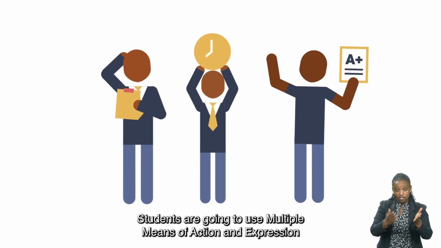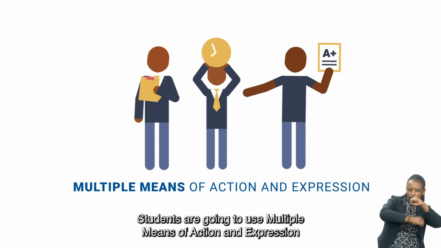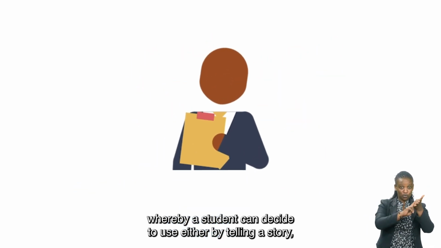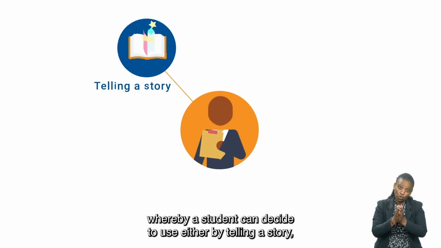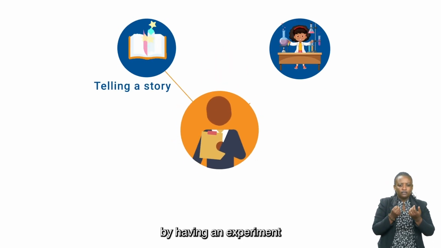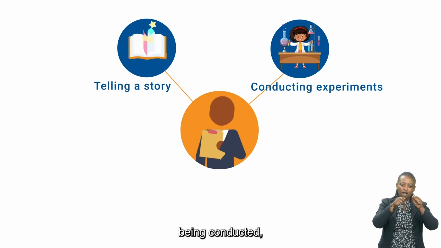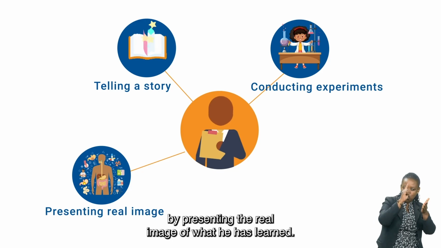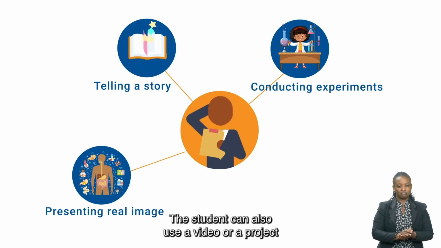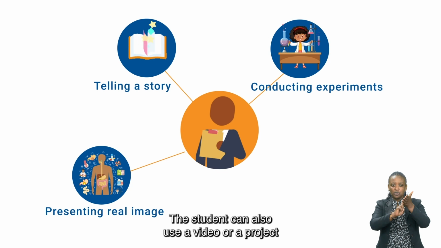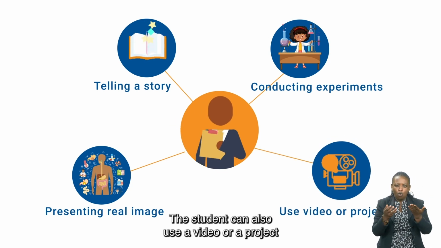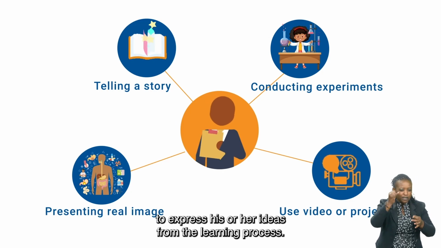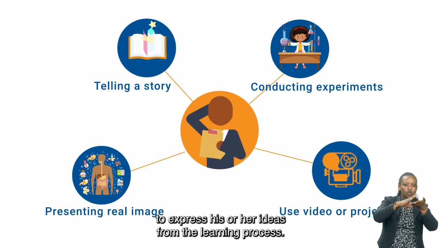Students are going to use multiple means of action and expression, whereby a student can decide to use either by telling a story, by having an experiment being conducted, by presenting the real image of what he has learned. The student can also use a video or a project to express his or her ideas from the learning process.